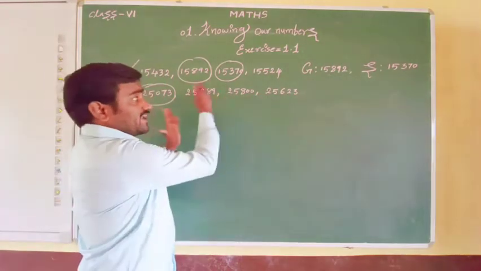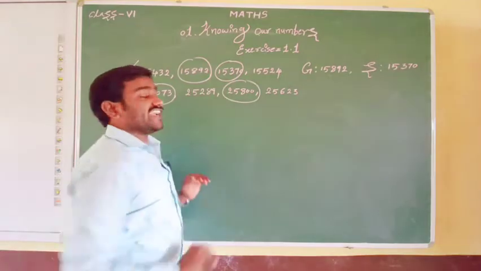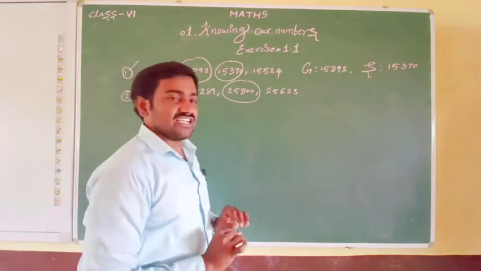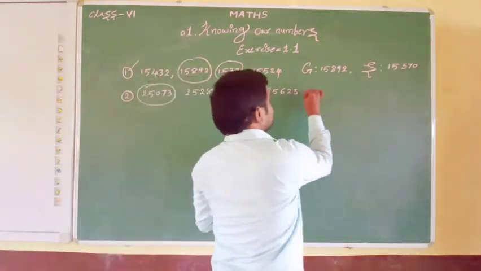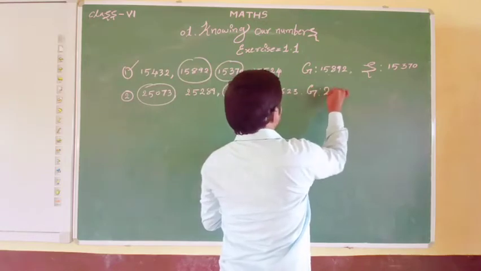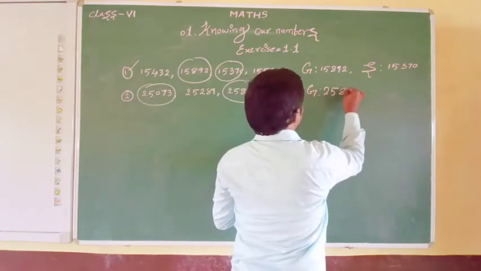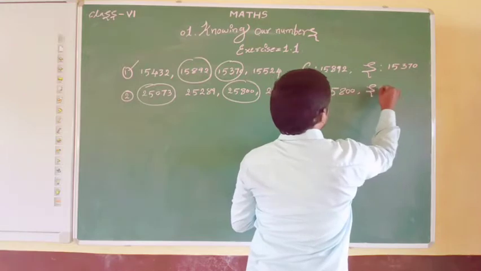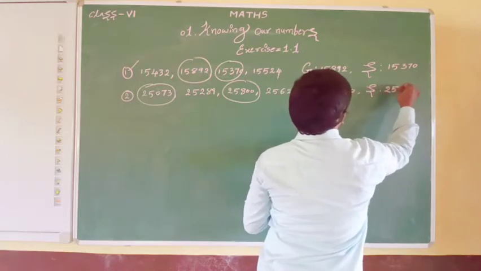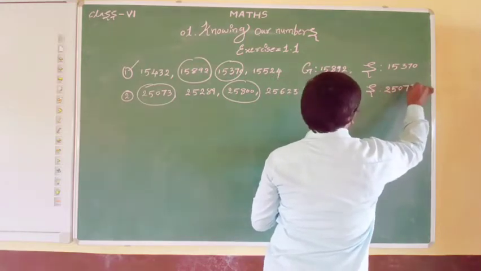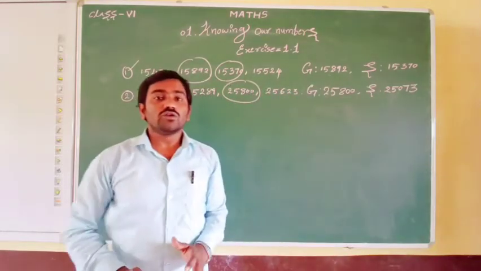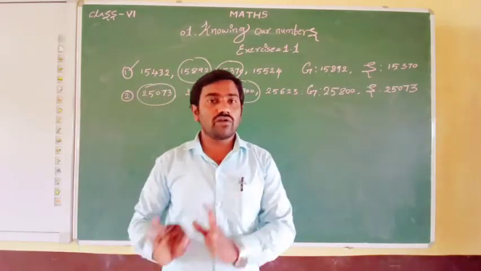Now among these remaining three, 25,800 is the greatest number. So let me write here, the greatest number is 25,800 and the smallest number is 25,073. So these two questions have been solved here.